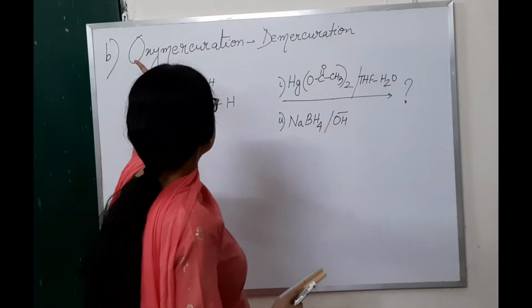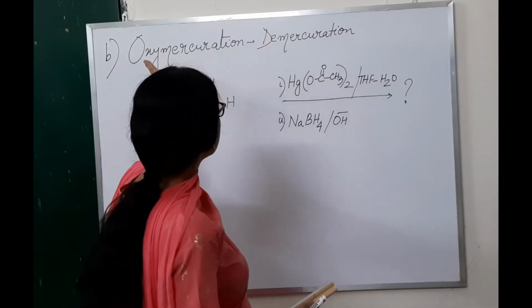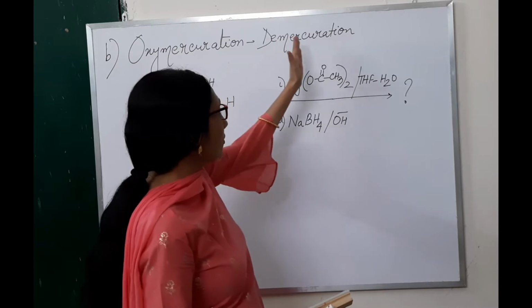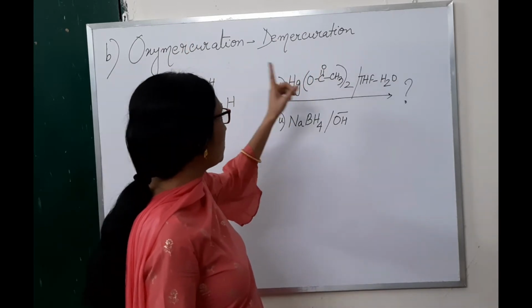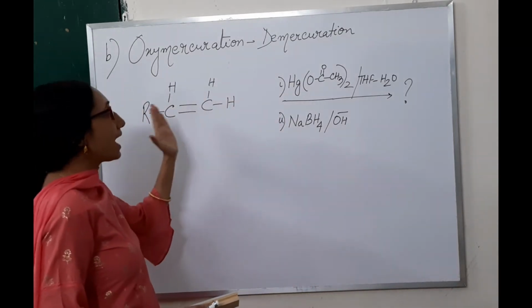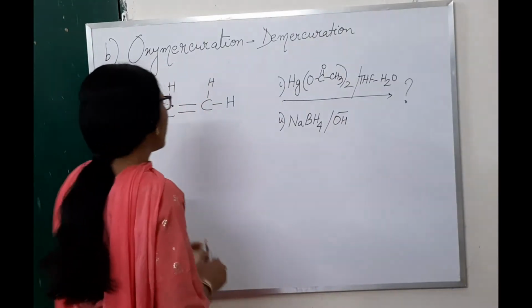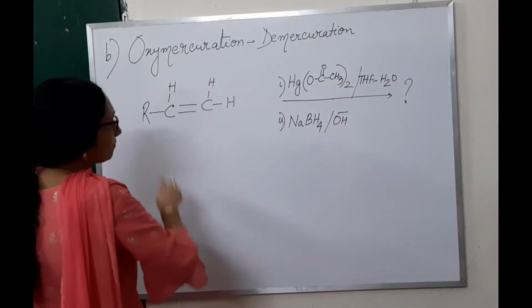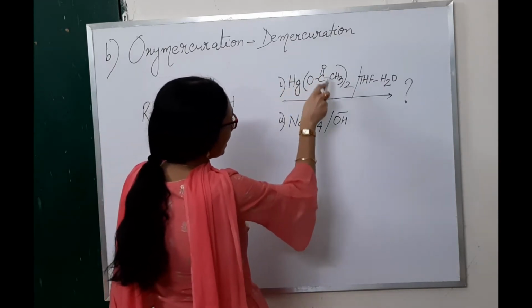Now this is the second method of hydration of alkenes, oxymercuration, demercuration. And by the help of this method, we will add water to an unsymmetrical alkene according to Markovnikov's rule. Now see, this alkene is given to you, and here I have written mercuric acetate.